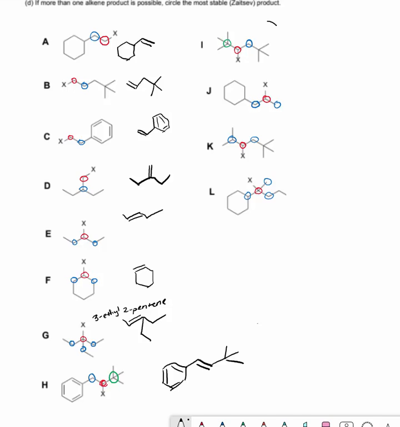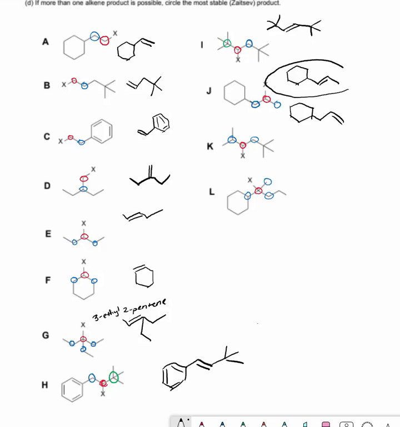For I, for similar reasons, this tertiary or quaternary carbon here doesn't have a hydrogen to remove. So this is our product. For J, we have dissimilar beta carbons. So here we finally get to one where we can decide which one is more stable. So we have this product and we have this product.